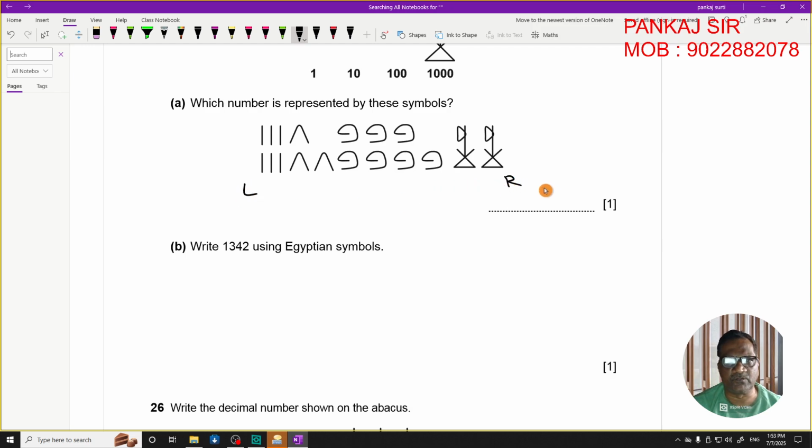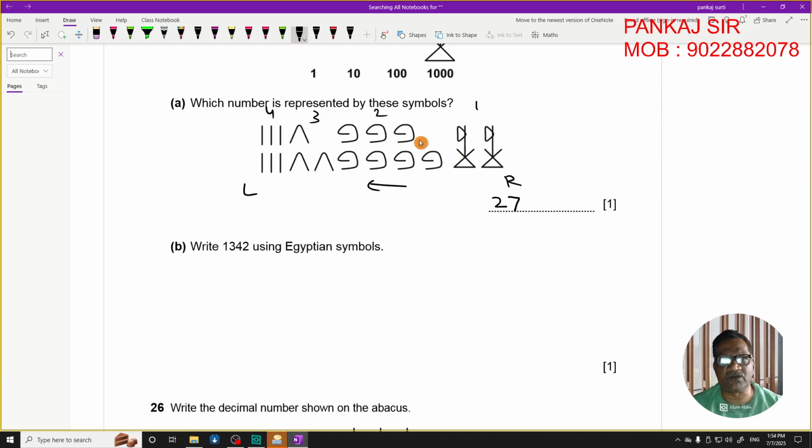So this is the 1,000 symbol, and you have two such symbols, so I'll write 2,000. And this is 1 2 3 4 5 6 7, so 7 times 100 will be 700. And this is a 4-digit number, because you can see 4 different symbols for each digit.